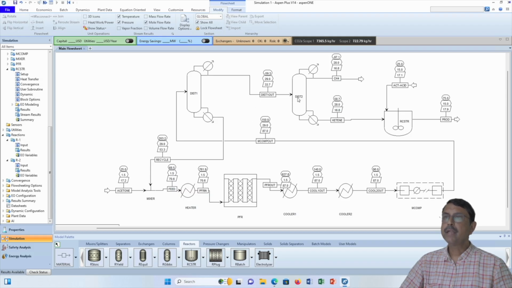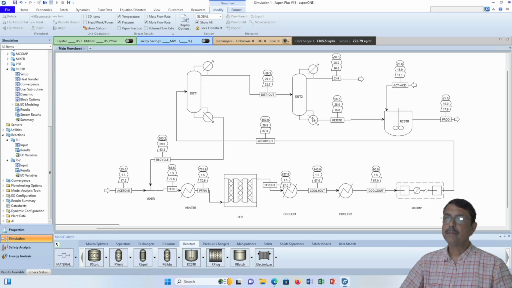And this one is going into the second distillation column. The condenser is operating with refrigerant 4. And now methane is coming out at minus 97.1 degrees centigrade. So it is liquid methane that is coming.